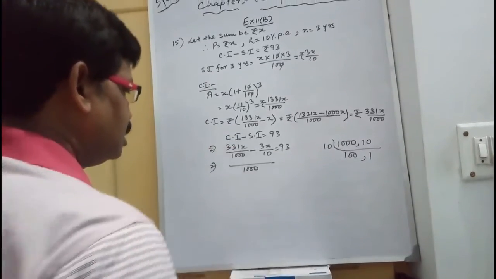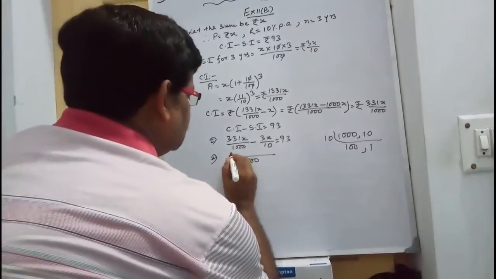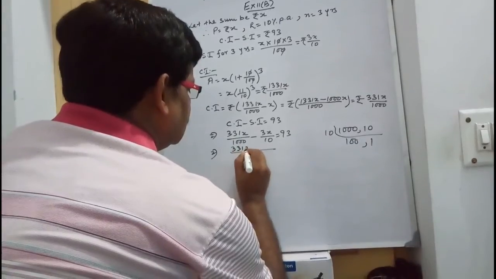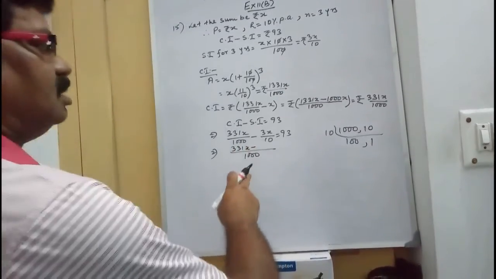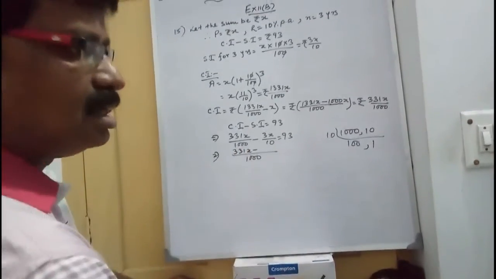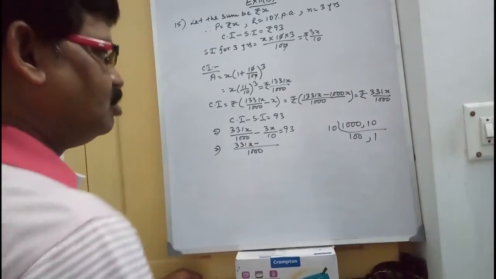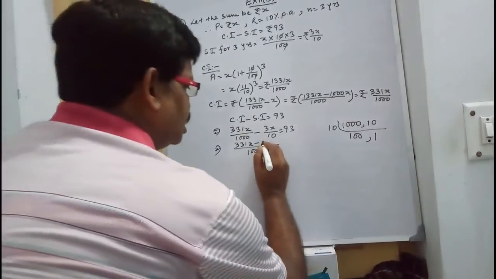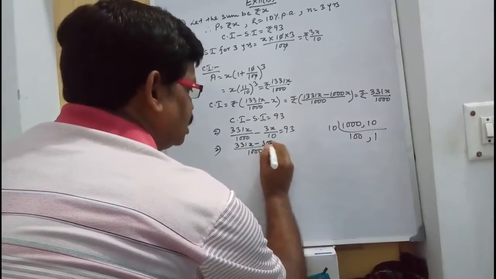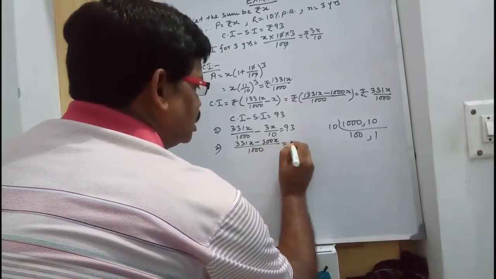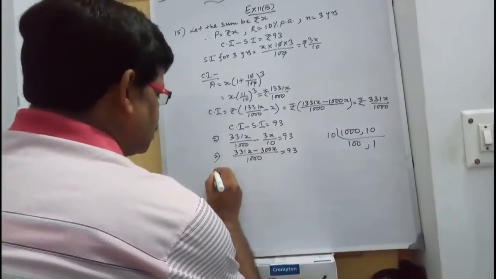Multiply with 331x. So here 331x minus. Now divide 1000 by 10. The quotient is 100. Multiply with 3. That is equal to 300x. And write that number 93.